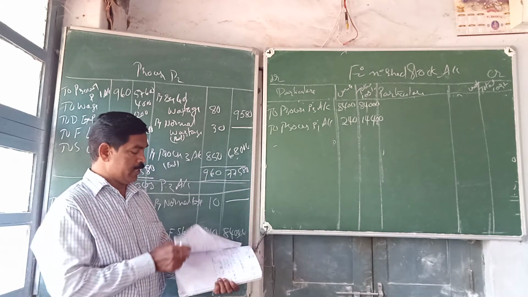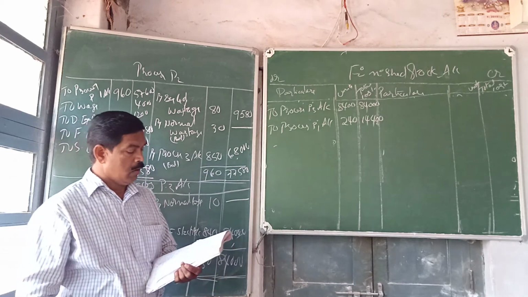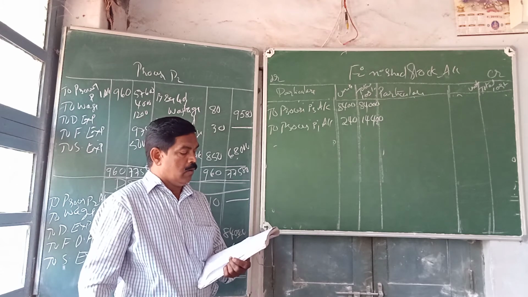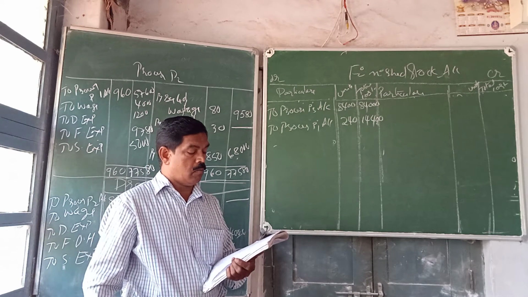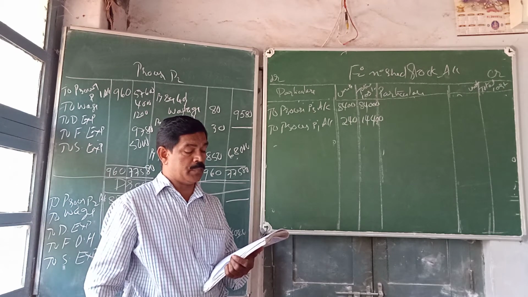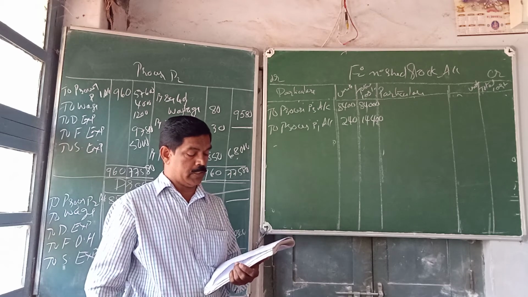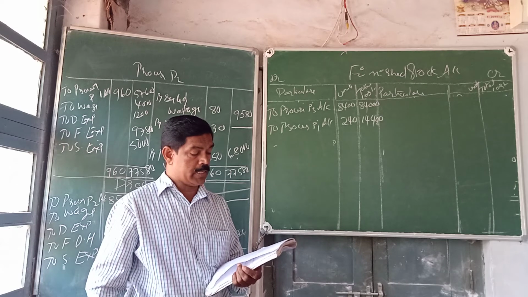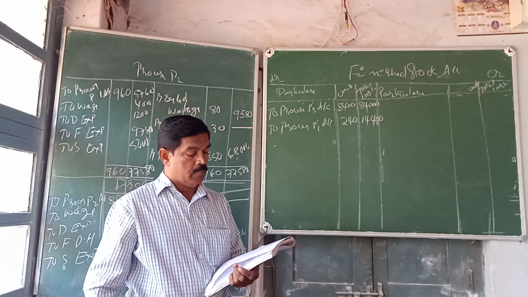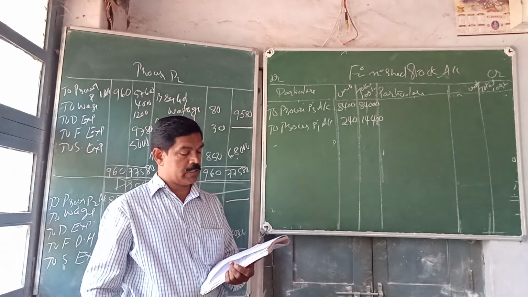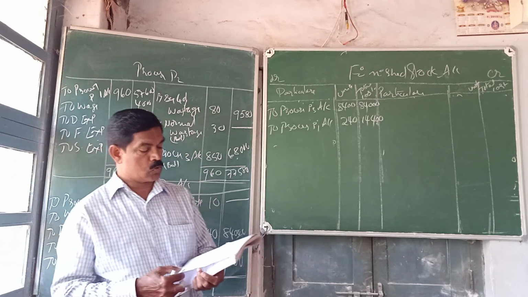Then about the sale, what is the information? See, the finished stock output of process P3 is sold at 120 per unit. Prepare process account and show the profit.